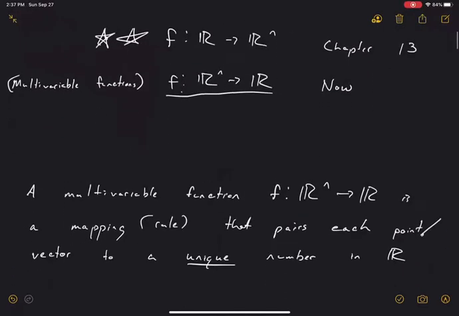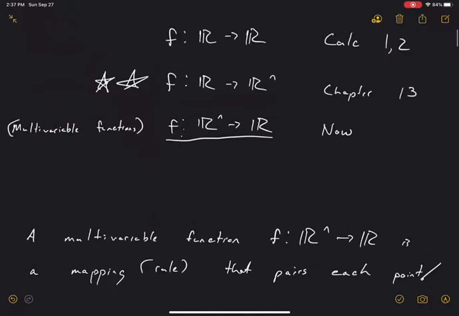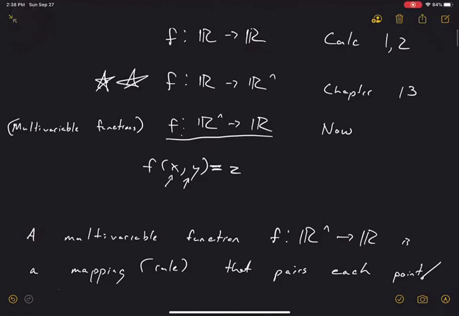Why? Because of the form in which we're usually going to see them: f of x y equals z, meaning I have two independent variables. That's going to be the standard for this course. Again, this works in any dimension greater than one.